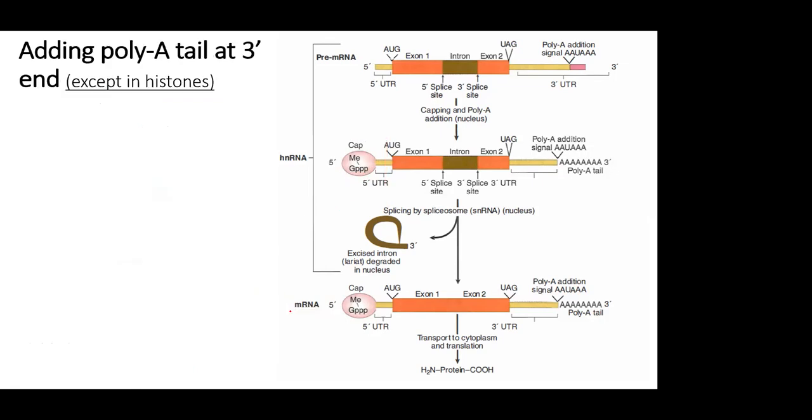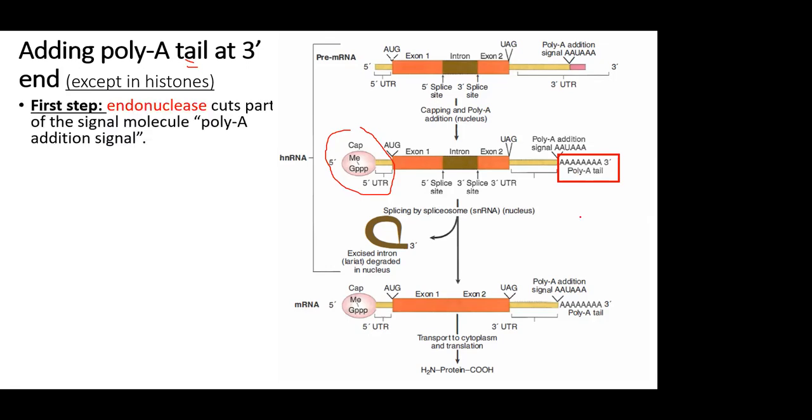The next thing is going to be a tail. We added a cap here, and the tail is going to be added here. But hold on a second. There is something before the tail. You have to do something before you add the tail. As you can see here, there is something called the poly-A addition signal.